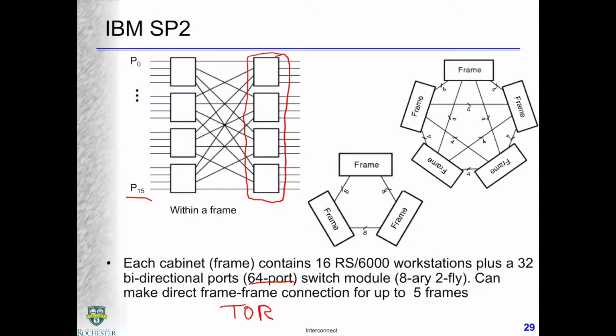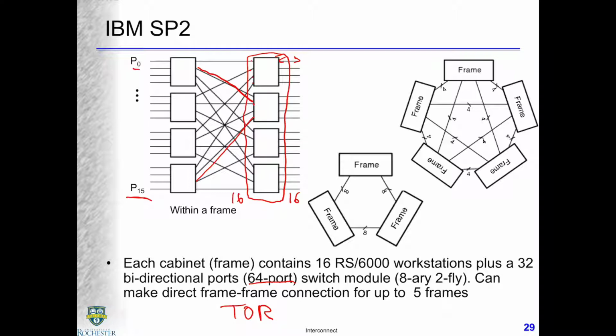So on the left-hand side, you can see each module has four channels, links, times 4. So there's 16 on this side and 16 on that side. These are bidirectional. So that's your 32-port switch module, and they're connected in this way. If you want to talk within a cabinet, anybody to anybody within a cabinet, you go to one of the switch modules, and then you go on to the destination module.